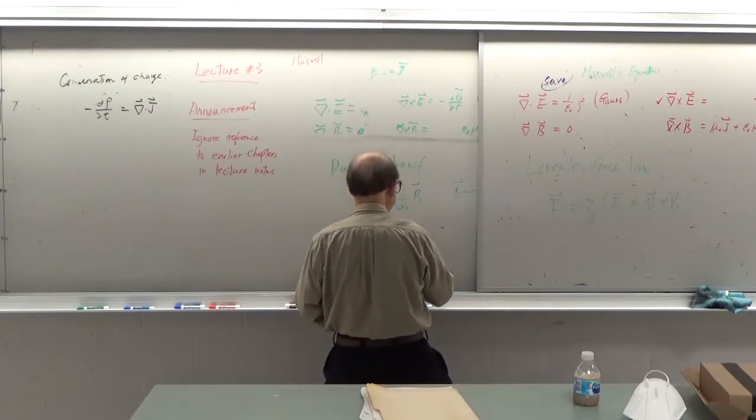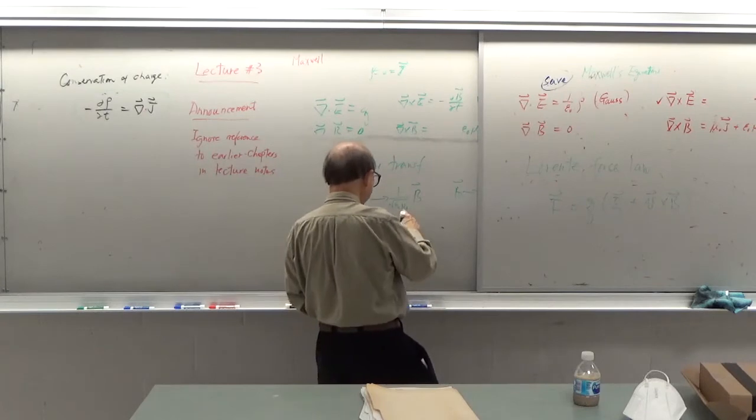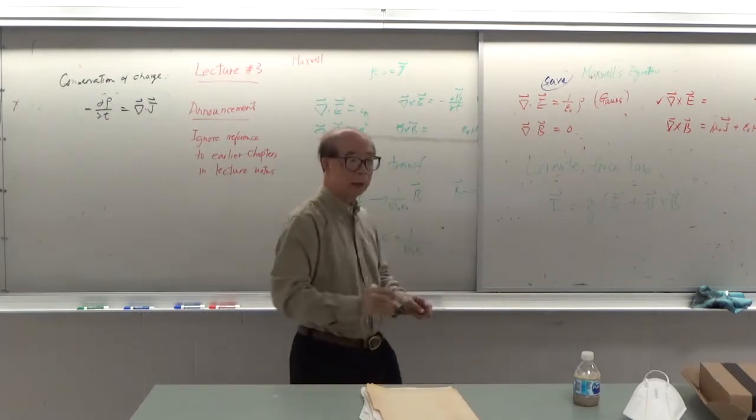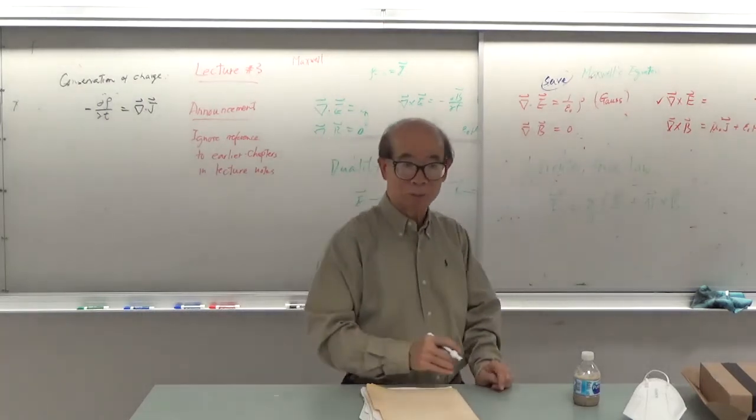That something is in fact C. And we would mention again that 1 over square root of epsilon naught mu naught is nothing but the speed of light in vacuum.